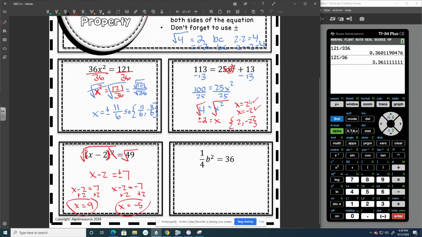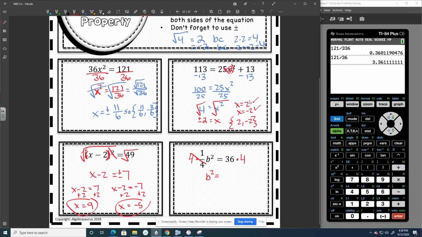Okay, one more and then I'll let you do the practice. 1/4 b squared equals 36. There's no b, there's only a b squared, so I want to get rid of this 1/4. Well, remember, to get rid of 1/4, I need to times by 4, because that'll cancel out, which means I need to times this side by 4.